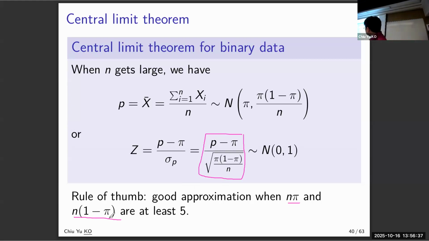Usually it shouldn't be a problem, because pi cannot be too small or too big anyway. It will always be true for our application, don't worry. For your own applications in the future, you may need to take care of this, but for us it's not a problem. Our class exercises should satisfy all this.